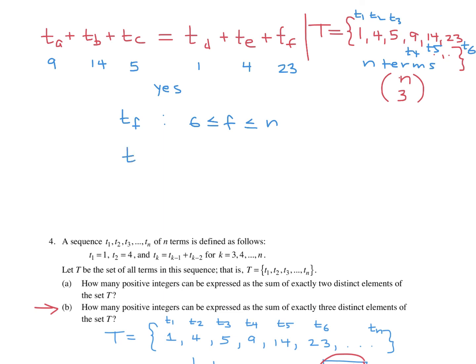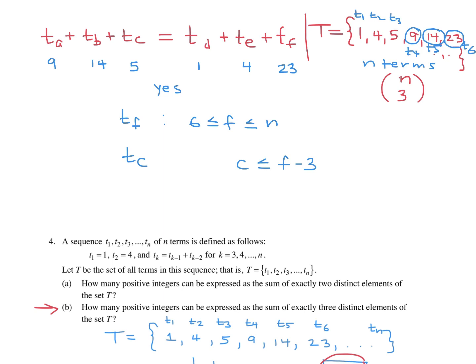What about TC? This guy right here. Well, if this is TF right here, in order for this to work, we designated TA and TB, notice, to be 9 and 14. So these immediately preceding two terms. So the largest TC can be is the next term, which means that C, the largest it can be, is F minus 3, which in this case was 6 minus 3, which is 3, which makes sense.